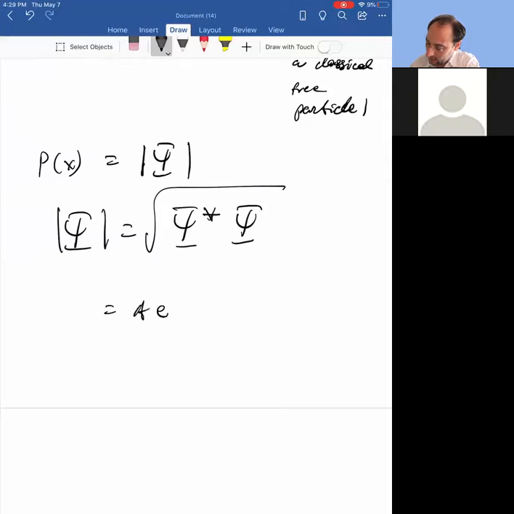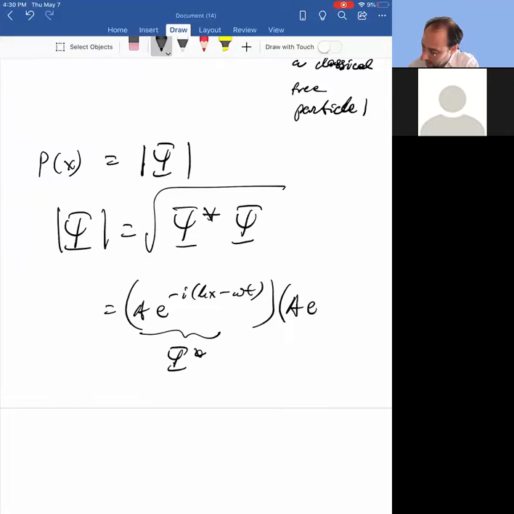So I have a e to the minus i(kx minus omega t). This is the psi star. And then you multiply that by the psi itself, e to the i(kx minus omega t).